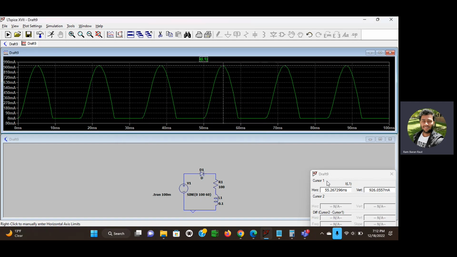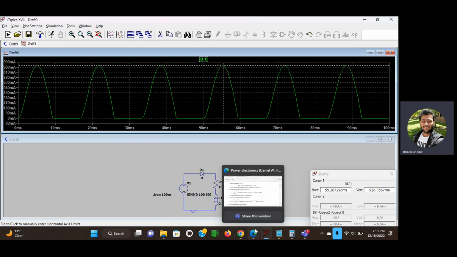We just need the peak current, and to get IRMS we are going to divide this by 2, because for the half-wave rectifier the RMS is just half of the peak current. So that should be the IRMS.